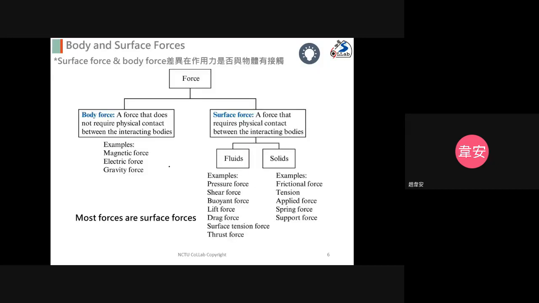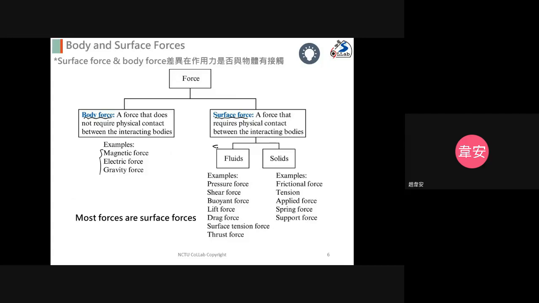So this slide summarizes all the forces we meet. We don't need to discuss body forces more, because, for example, the forces normal in our life are the magnetic force, electric force, and gravity force. But the right-hand side summarizes all the surface forces in our environment.